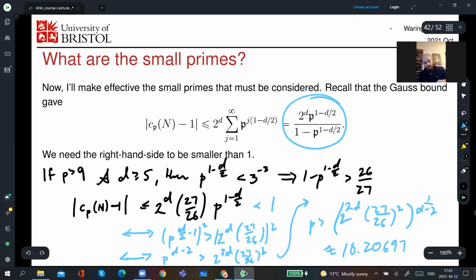In particular, this number is less than 11. And so that means whenever p is at least 11, Cp of n is not equal to 0 for p greater than or equal to 11.